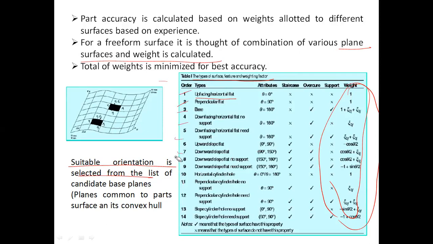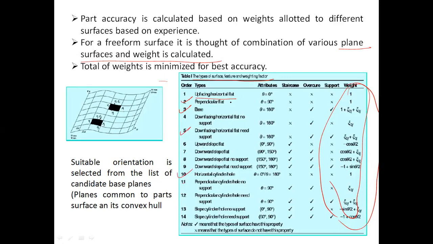He had 14 criteria for surfaces. So let's assume on a CAD model, he had number 3, number 2, number 5, and then let's say number 10. So these are the 5 surfaces that were available.